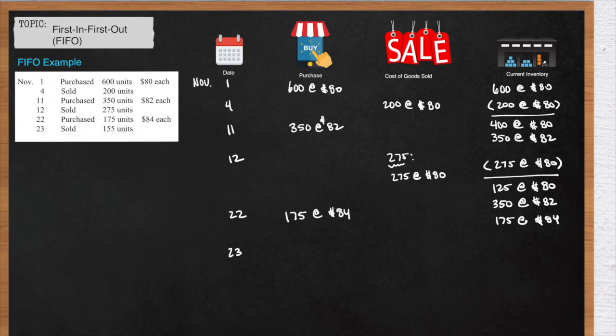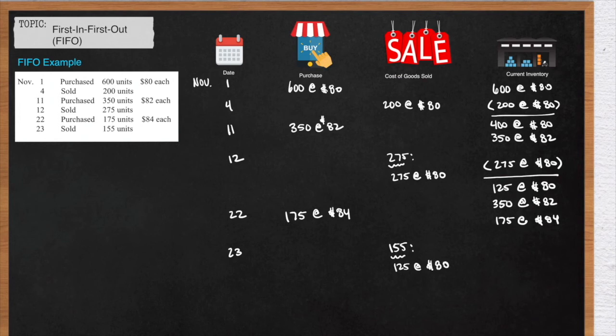Our last transaction took place on the 23rd, and it was a sale to a customer of 155 units. So remember, this is first in, first out. You have to sell the older inventory first, not the recent one. So I'm going to pull from the 125 units at $80. I'm going to do a breakdown under the 155.